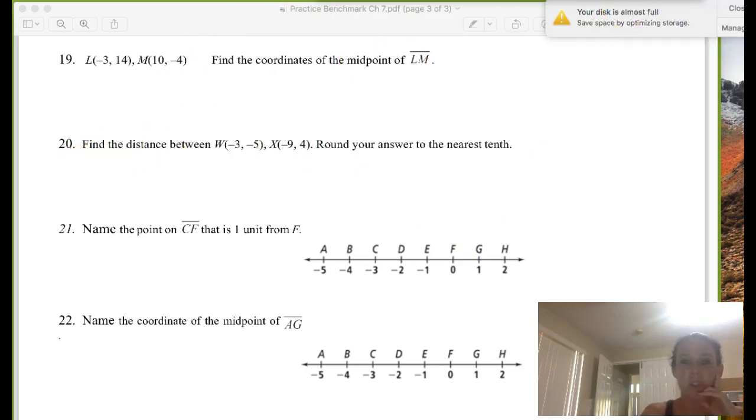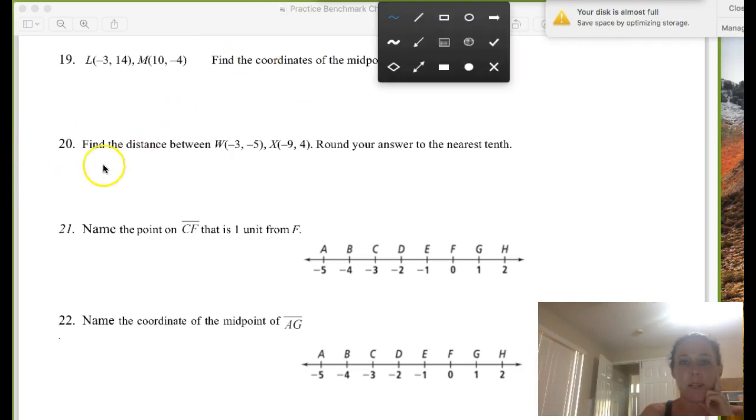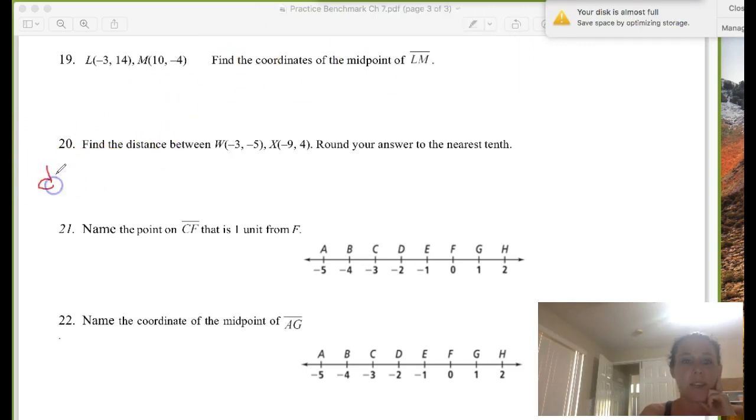The distance formula is derived from the Pythagorean theorem, a squared plus b squared equals c squared, and you can do that to find the distance. Remember, the distance formula is the square root of x2 minus x1 squared plus y2 minus y1 squared.